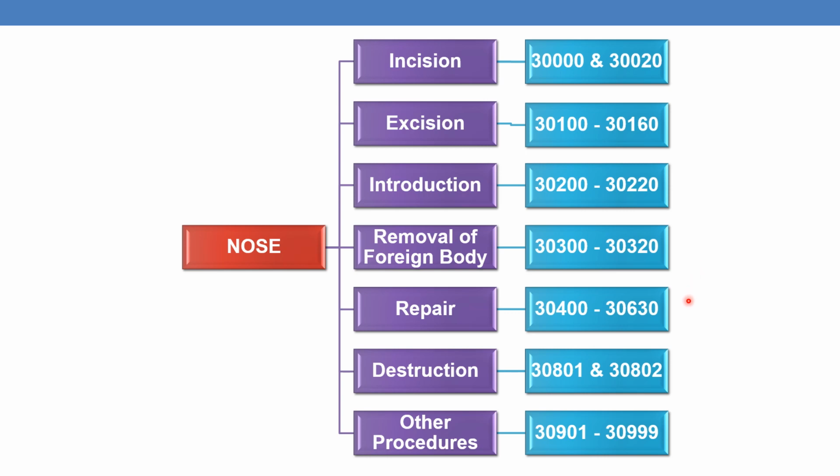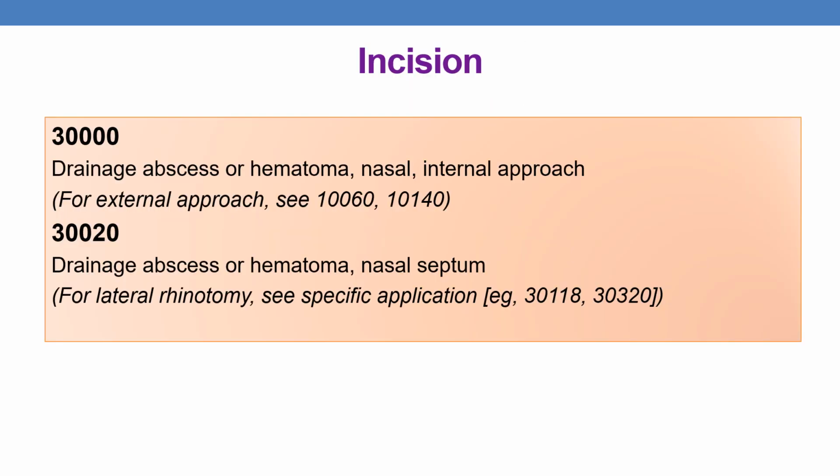For repair, it is 30400 to 30630. For destruction, it is 30801 to 30802. And finally, other procedures come under the range 30901 to 30999.